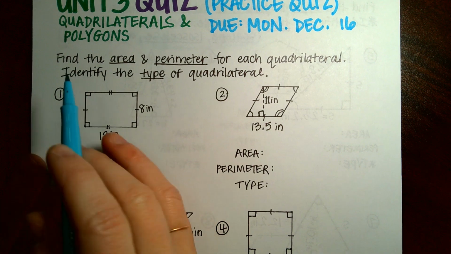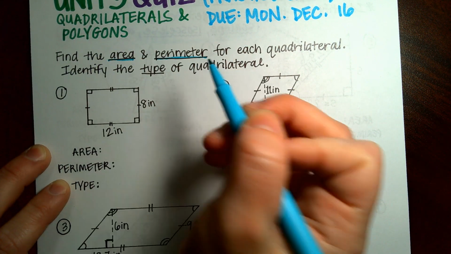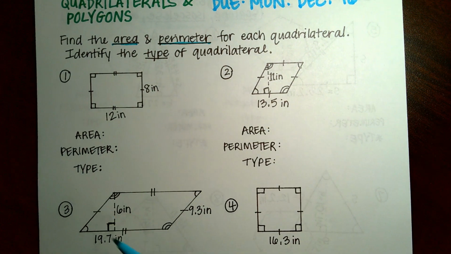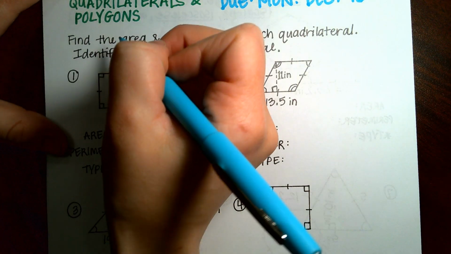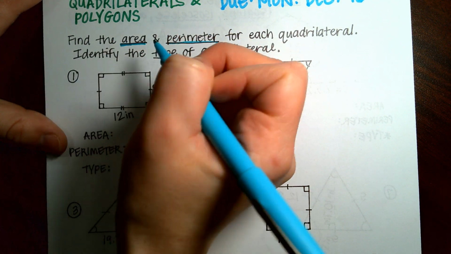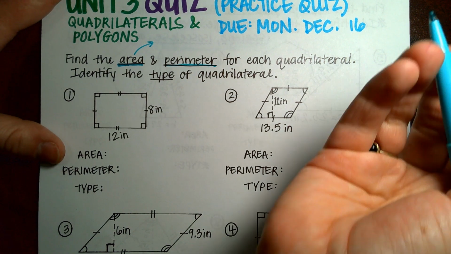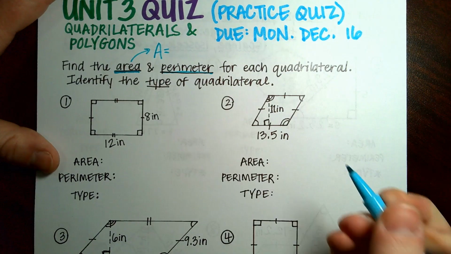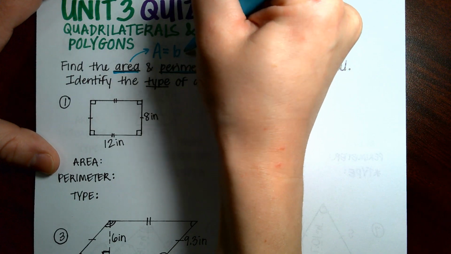Okay, so we're finding the area and the perimeter for each of the quadrilaterals. These are all parallelograms on the first page. So let's remind ourselves, first of all, what is the area formula for a parallelogram? Base times height. Yeah, area equals base times height. I would suggest writing this on your quiz to remind you.